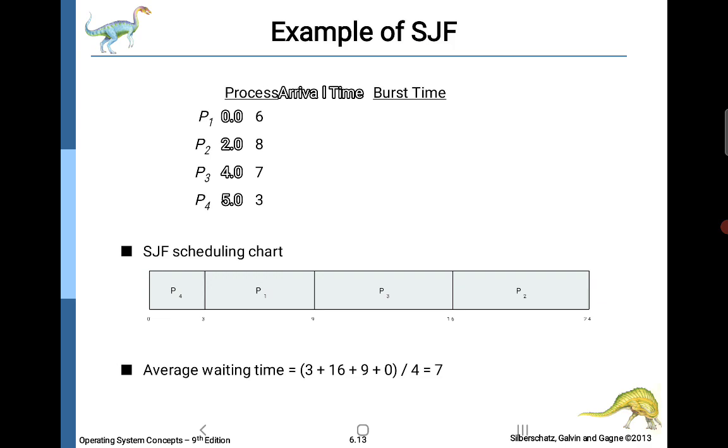So now I'm afraid this chart is not correct because the chart did not take into consideration the arrival time. If we took into consideration the arrival time, P1 will go first. Then we will select the shortest time from the other three, which are P2, P3, and P4. So it will be P1 go first, P4 next, P3, then P2.